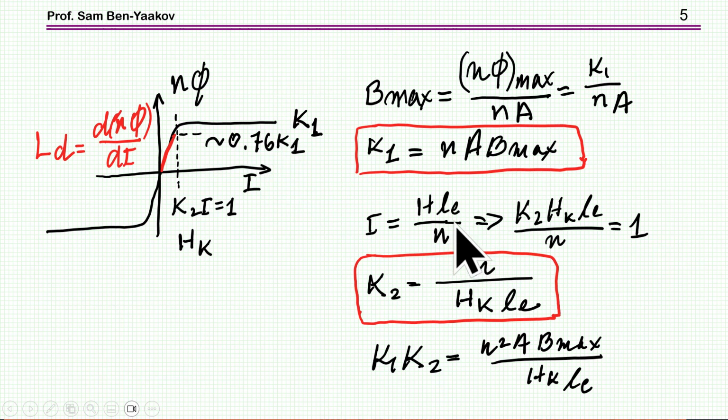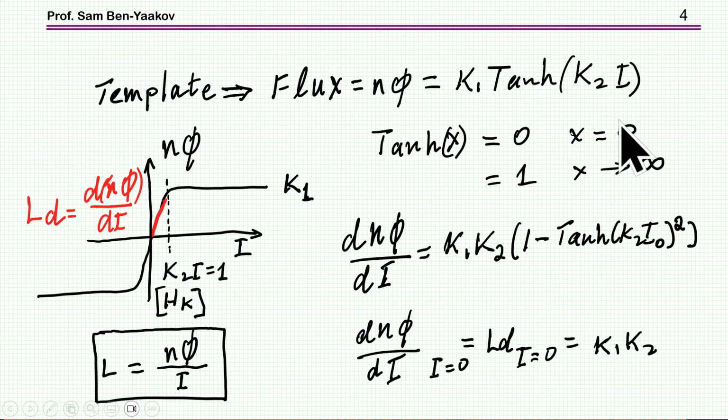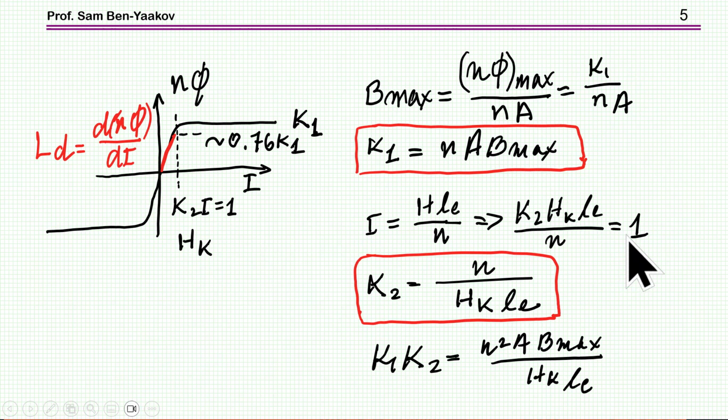So, using this information, and knowing that I is H times LE over n, Ampere's law, then putting the value for H, this is the H here, as K2 times HK, LE over n, and this should be equal to 1, from which I can get K2.